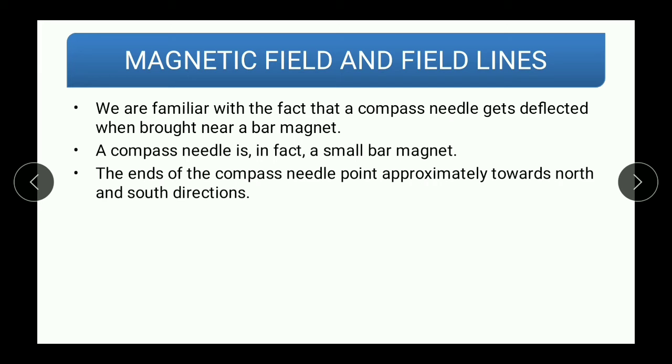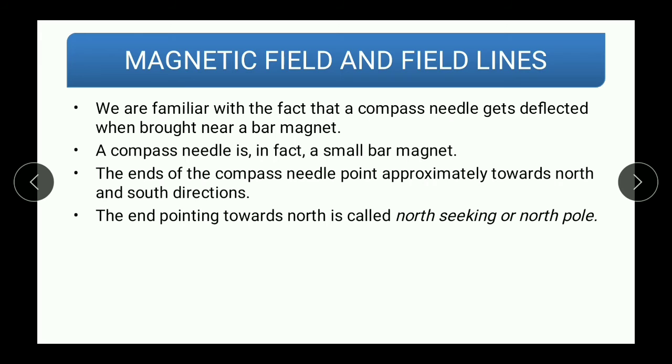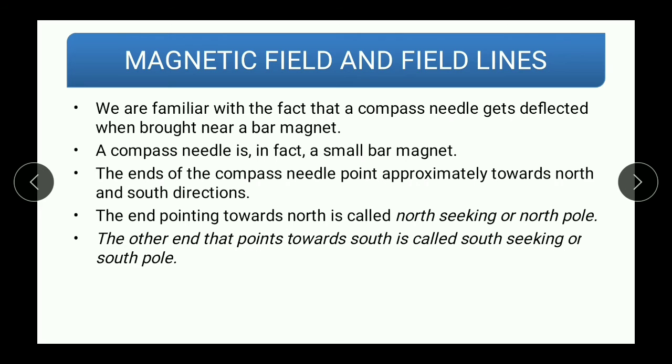So in fact, the end that points towards north is called the north seeking pole, or north pole simply, and the other end that points towards south is called the south seeking pole. That's how the needle gets aligned itself in the north and south direction.